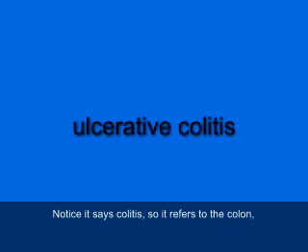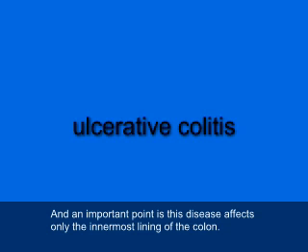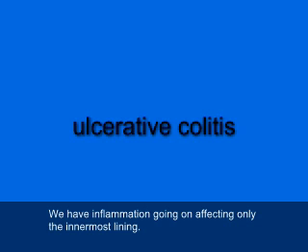Notice it says colitis, so it refers to the colon. Rectum and large intestine that cause ulcers and irritation. And an important point is this disease affects only the innermost lining of the colon. We have inflammation going on affecting only the innermost lining.